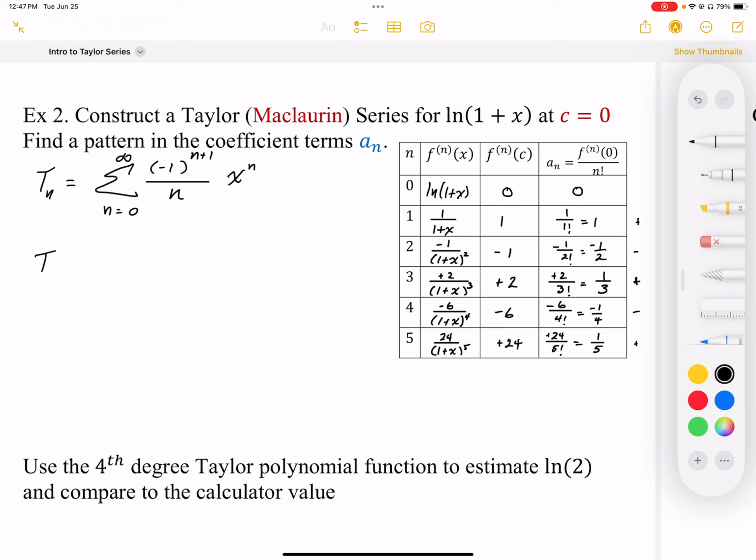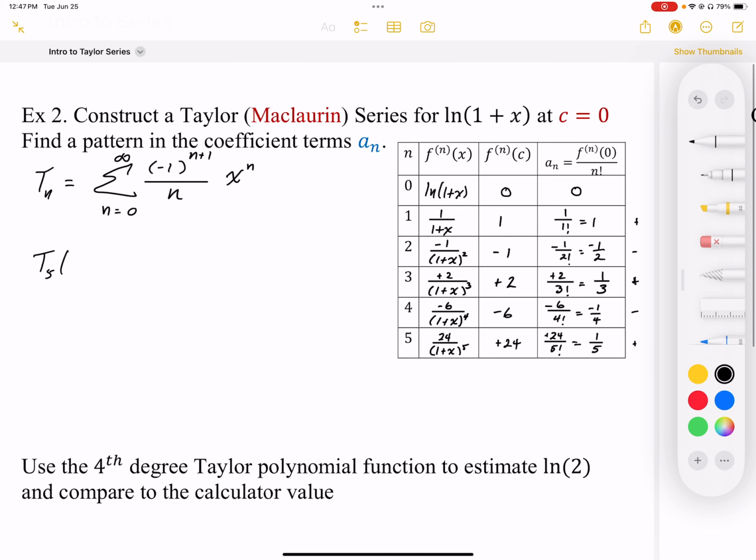If I want to write this out, I'm going to write my 5th degree Taylor expansion for this.